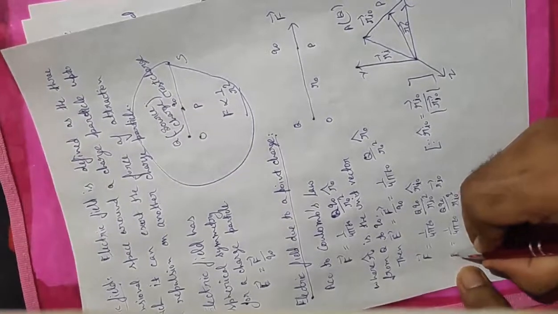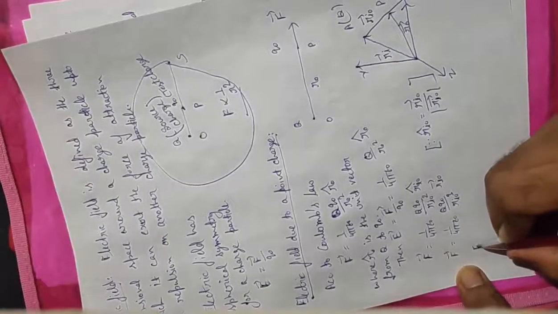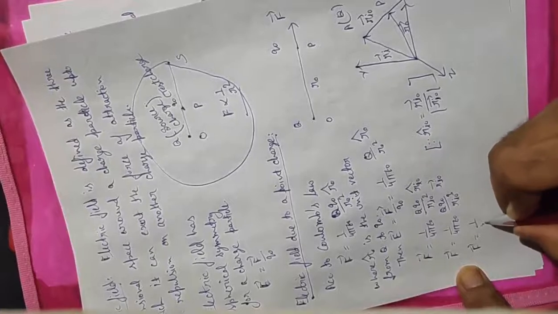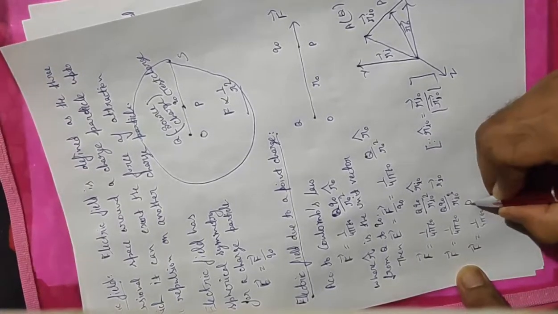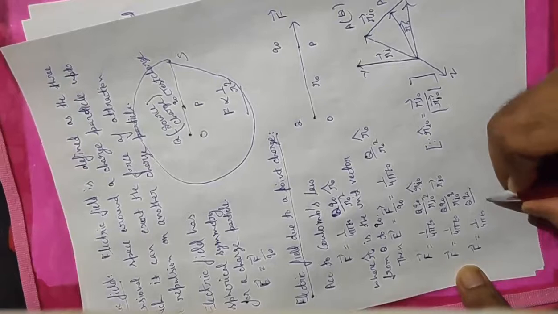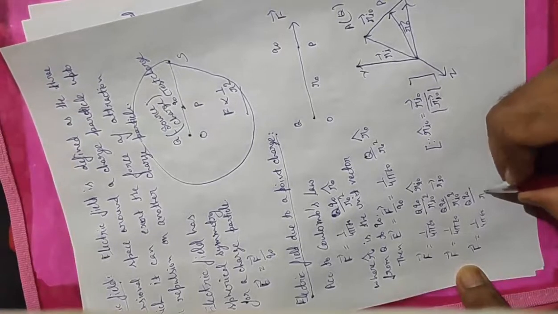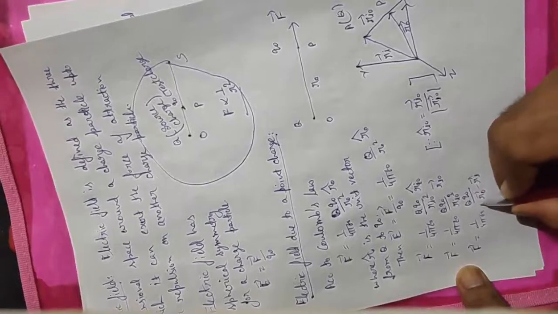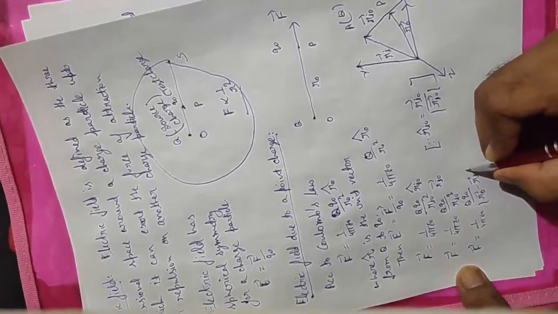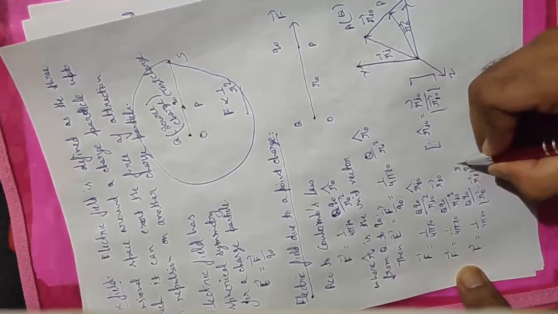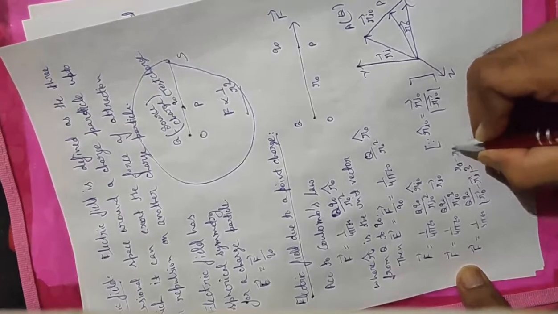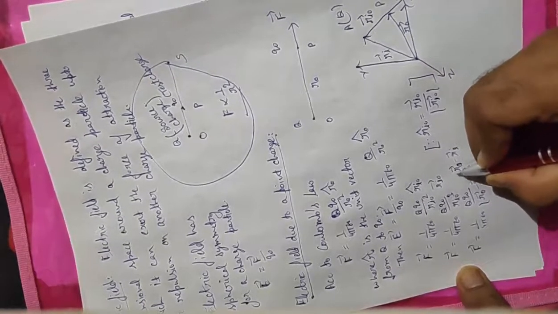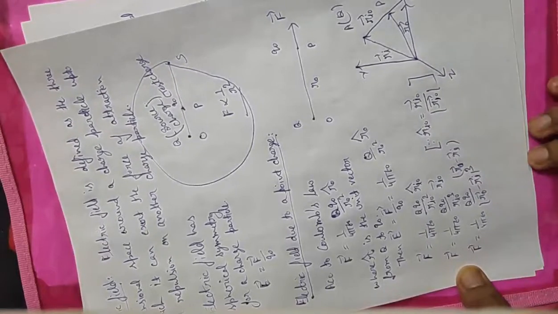So we can represent another form, F equal to 1 by 4 pi epsilon naught q q naught divided by the mode of r naught vector minus r i vector, raised to the power cube, times r naught minus r i vector. You can represent it in this form.